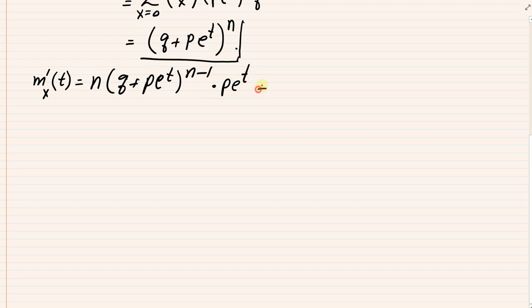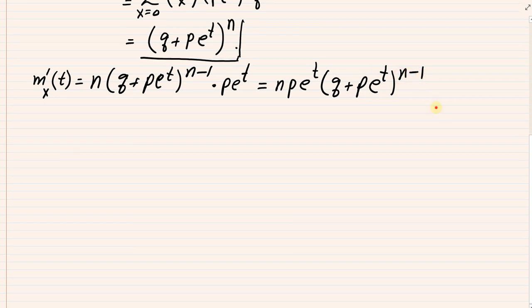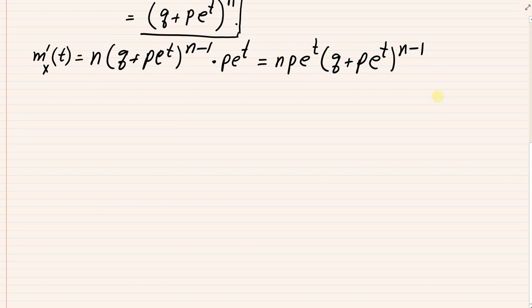And from this I can factor in p and write this as np times e to the t times q plus p e to the t, to the n minus 1 power. So that's what the first moment is.